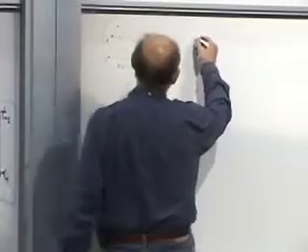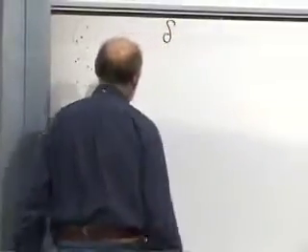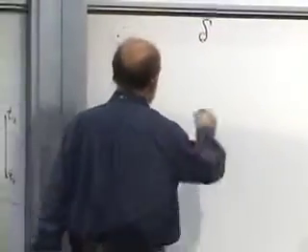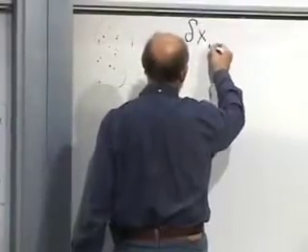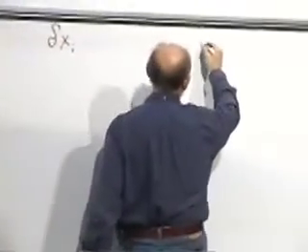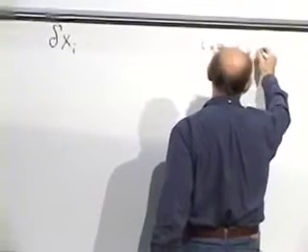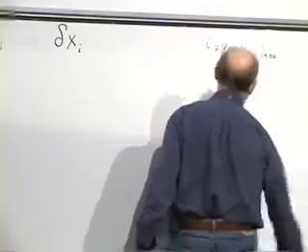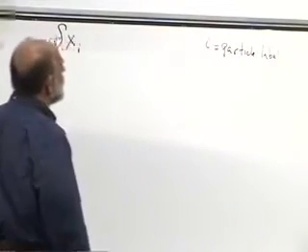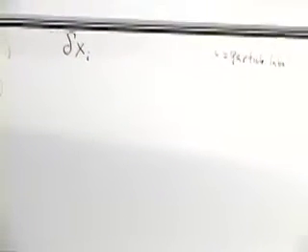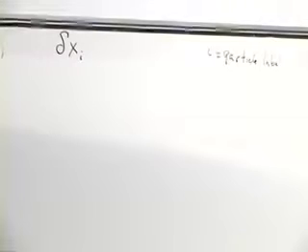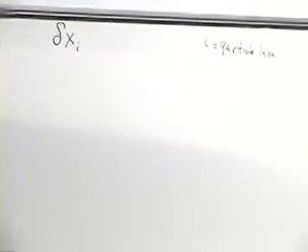All right? Then for each particle, I'm going to write delta x sub I. I labels the particles. I equals particle label. If there are 100 particles, then I goes from 1 to 100. It does not label the directions of space. The directions of space are just x, y, and z.